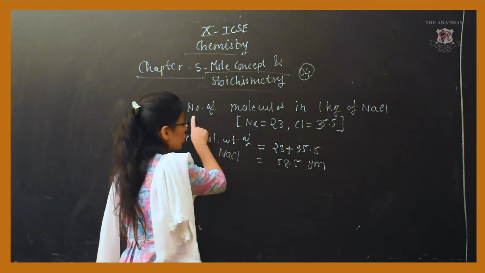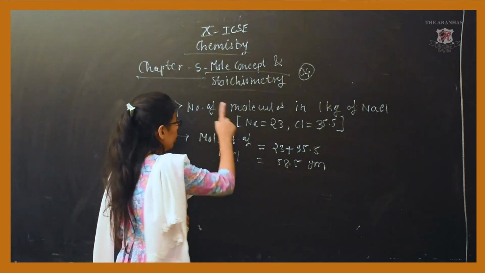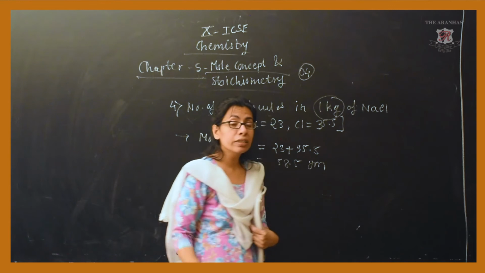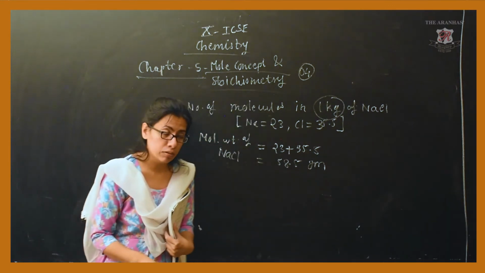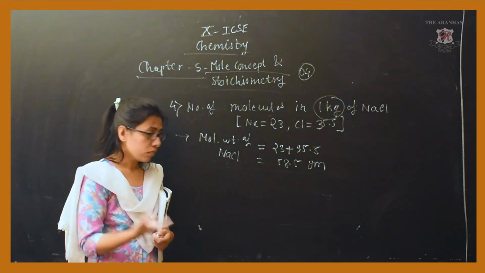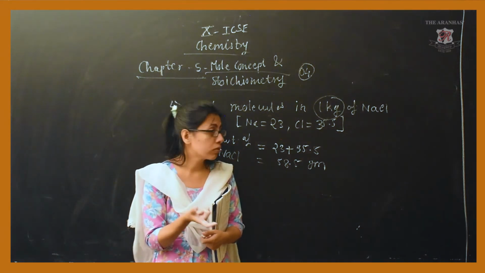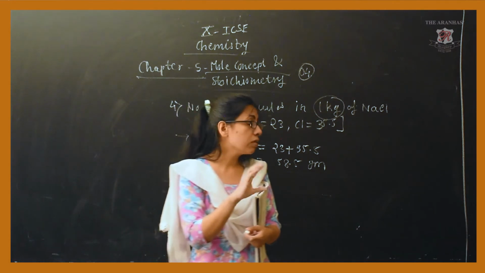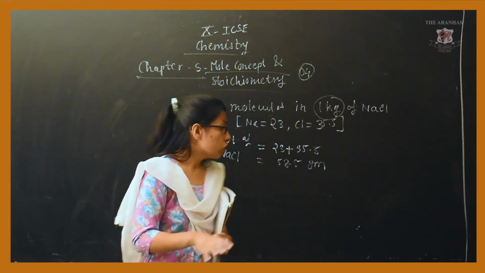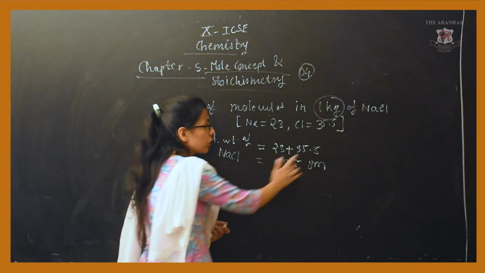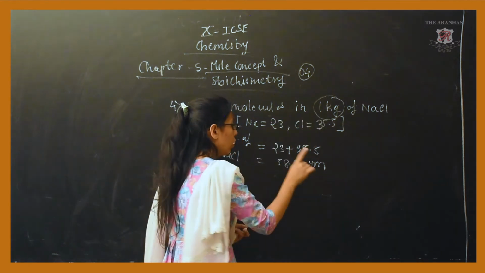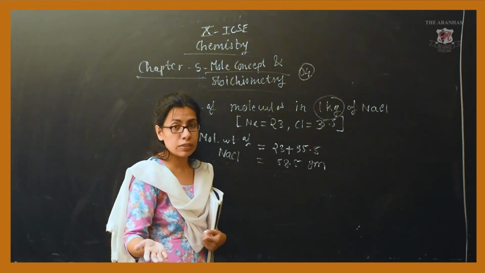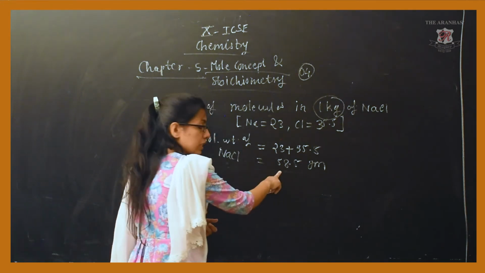Now, what they have asked is the number of molecules present in 1 kg of NaCl. Means they have asked you the weight, which is 1 kg. It is in kilograms. So your job is either to convert this into grams or this weight into kg, whichever you find easy. So I find this easy.